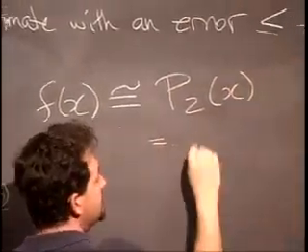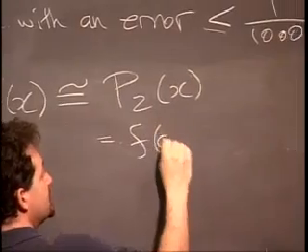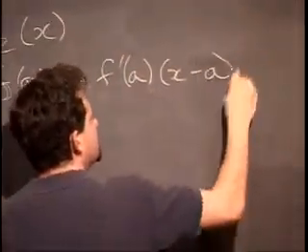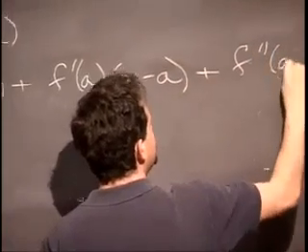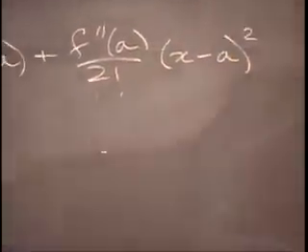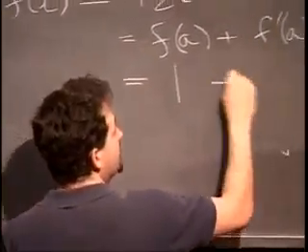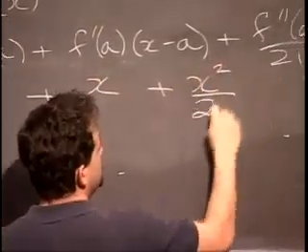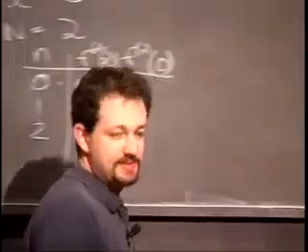And p2, again, is f of a plus f prime of a times (x minus a), plus f double prime of a over 2 factorial times (x minus a) squared. In this case, a is 0, this is 1, this is x squared over 2 factorial. And that's exactly what we've seen before.